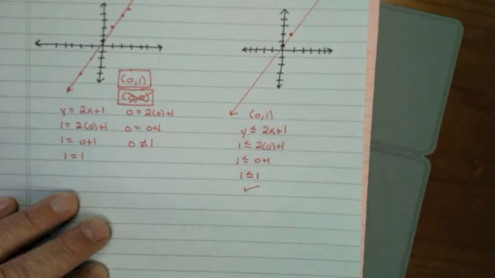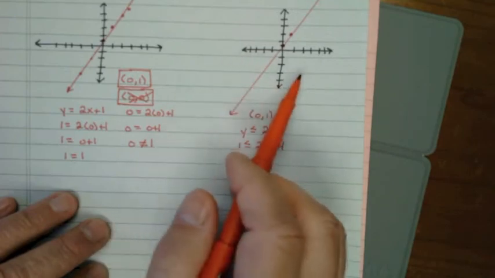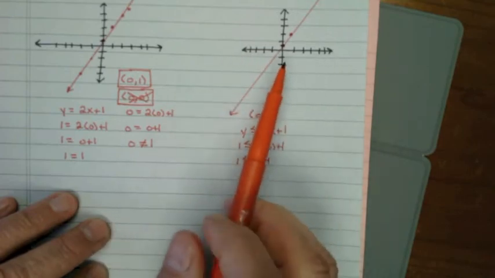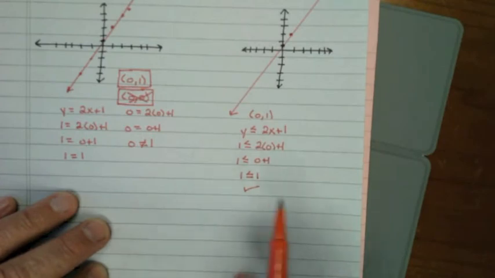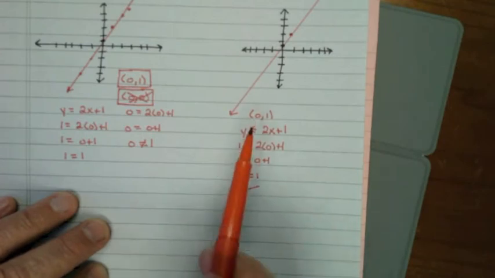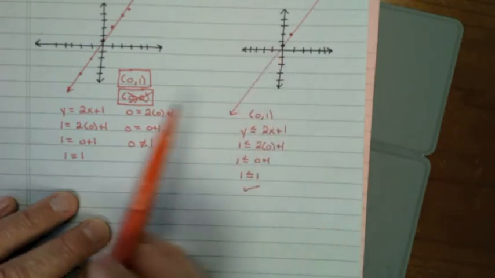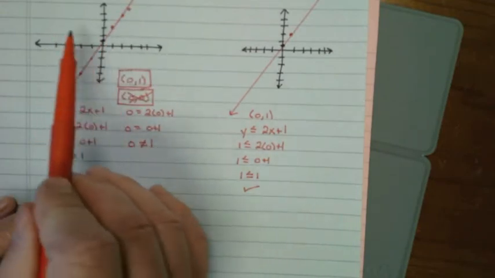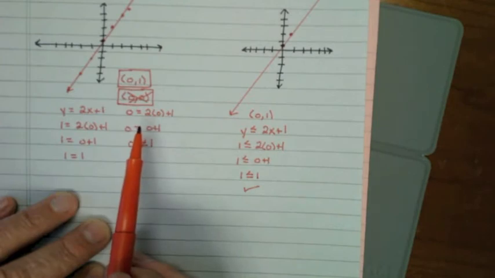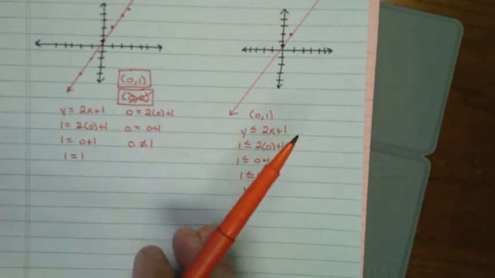Yes, this point is checking out. But I also need to check points on either side of this, because with one of these we're going to shade in one of these areas above or below this line and show that I have other solutions in these other areas. On a line, the points above and below the line can't be an answer, but on this one, they can be.